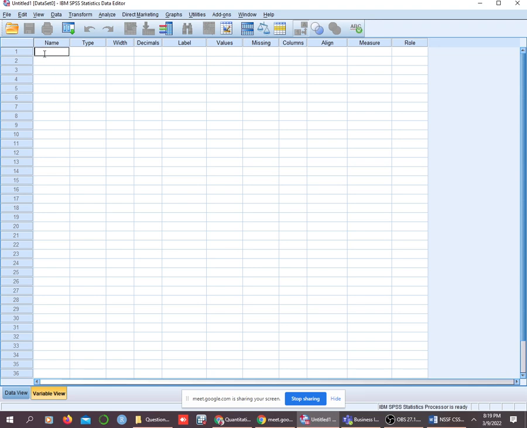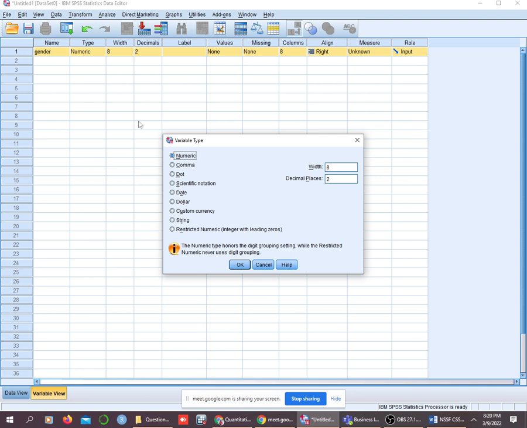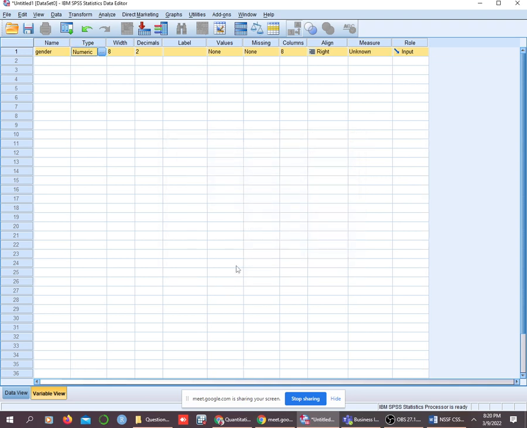When you're encoding variables, or keying information into your variable, you first assign a name to the specific variable. Once you give it a name, you need to know the type of that variable. In this case, I'll code gender as numeric, and we know the reason behind that.